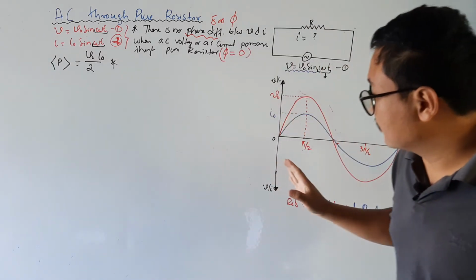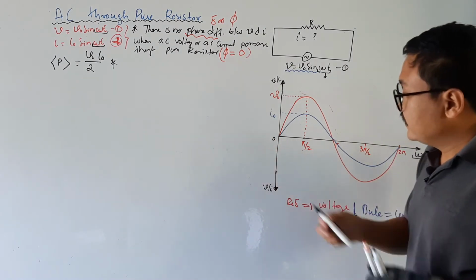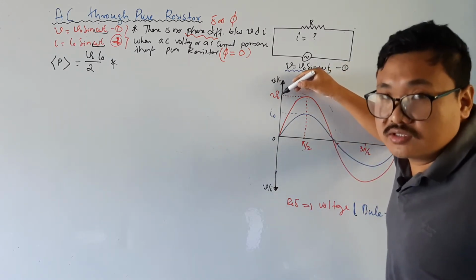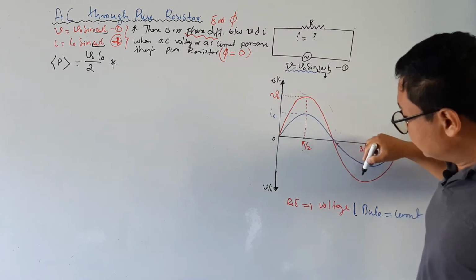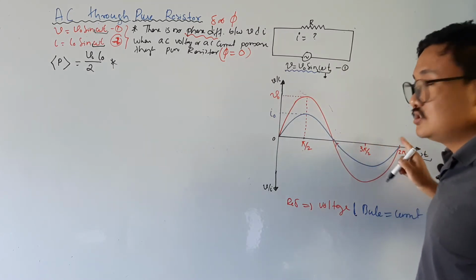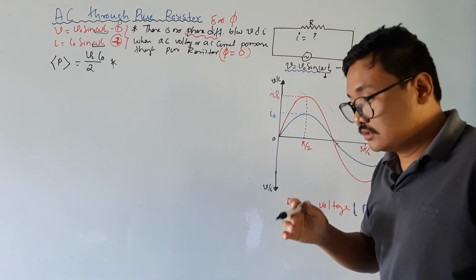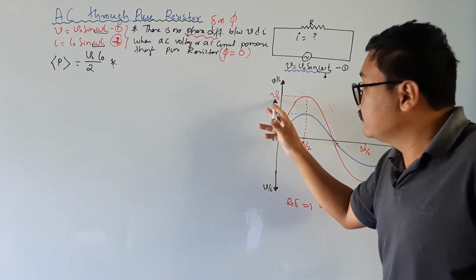But if I see the graph here, what do I see? It started from 0 and keeps increasing until it reaches the maximum value V0. Again it decreases to 0, goes into the negative part, and again into 0. This line is 0. So which value am I referring to when I say 240 volt, 250 volt? Is that V maximum?